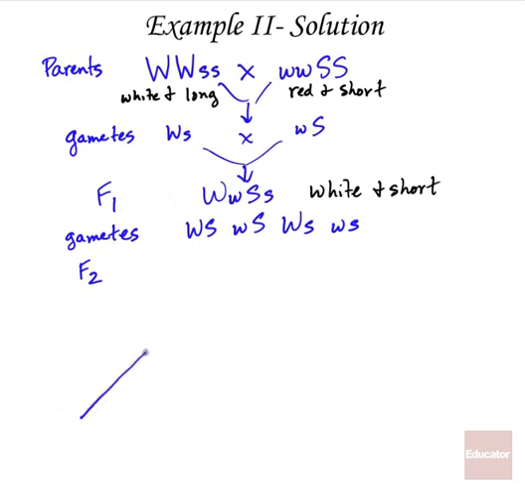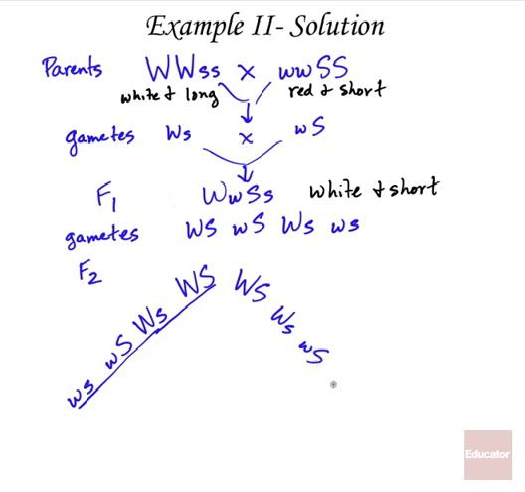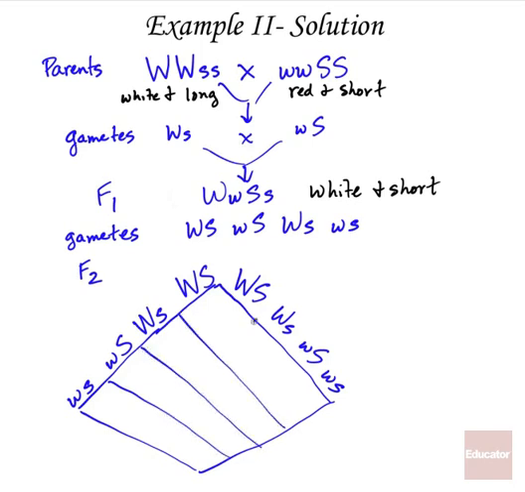So we have WS right there, WS over there, W little s, big W, and this way, WS, we have little w, big S. Okay, so let's go through and figure all these out.